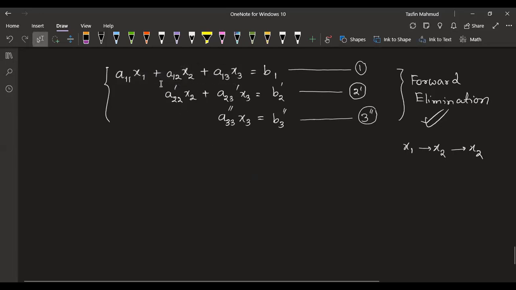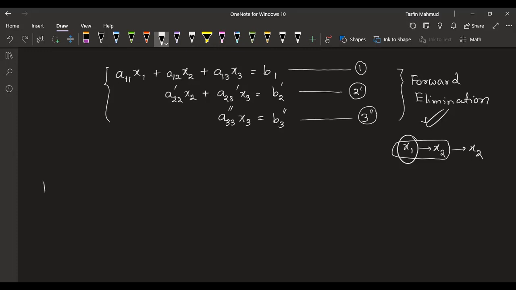Then in the second equation we have only x2 and x3, so we have eliminated x1. For the third equation we have eliminated x1 and x2. So in the forward manner we have eliminated x1 first, and then x1 and x2. Now for the second step, backward substitution, we will do it in the opposite way.